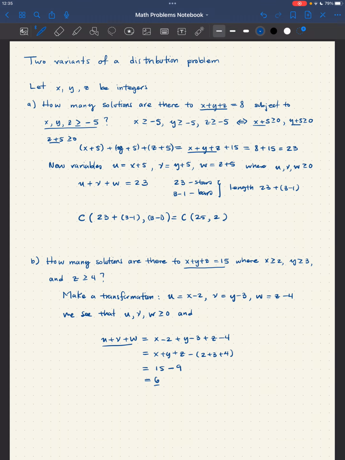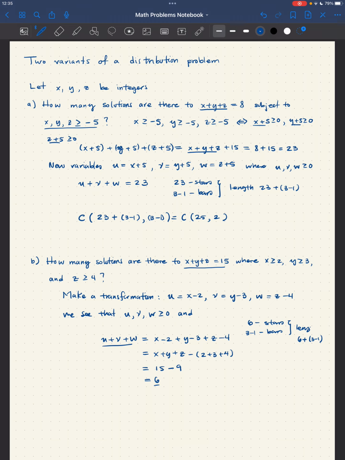I need to distribute 6. Well, how would the count be? Well, just as before, we have, in this case, 6 stars. We have 3 minus 1 bars. And out of this, we construct a binary string of length 6 plus 3 minus 1.